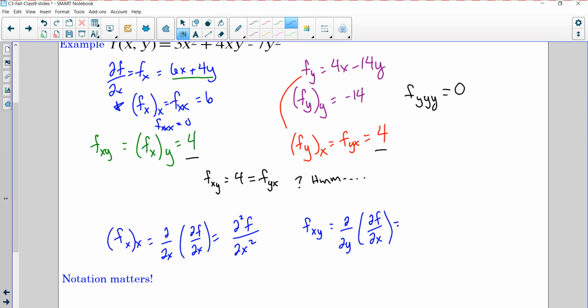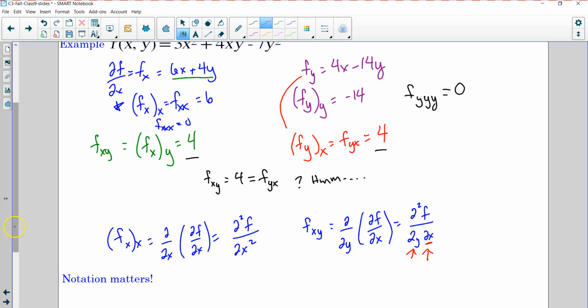Or you can say this is del squared f over del y del x. And so the order does really matter here. It indicates that you do the x derivative first of the f function, and then the y derivative. So notation does matter here.